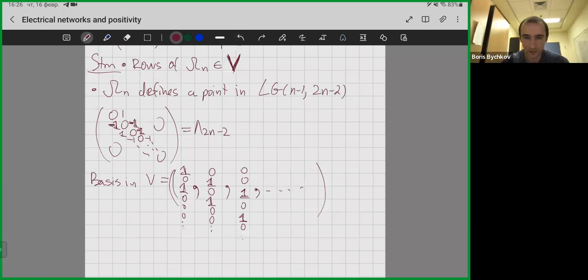This is also right for any symmetric matrix with a zero row sum.